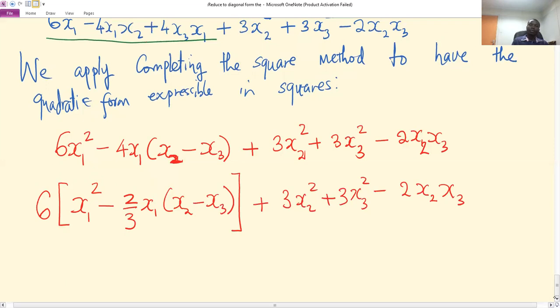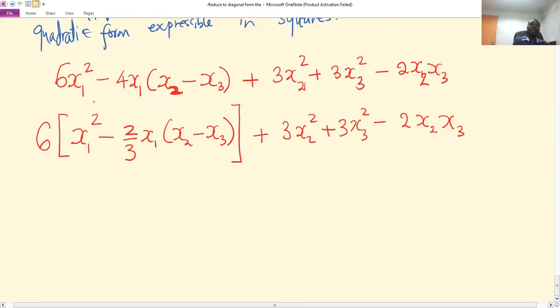So remember this now, we need to complete the squares here.